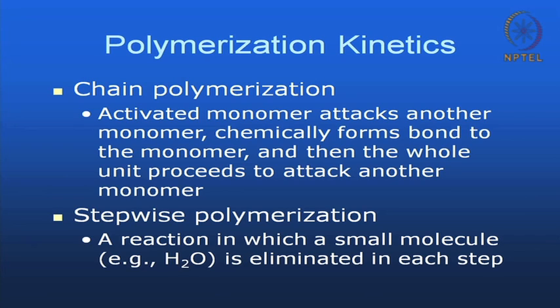So A plus B produces a dimer, say AB, plus water or maybe a small molecule. It is called stepwise polymerization.